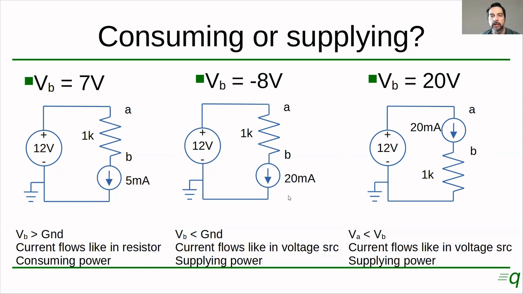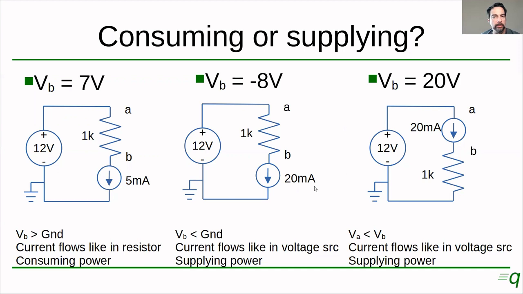So although we are not drawing it like that, the only way to get these two current sources to actually deliver 20 milliamps in these particular circuits is if there's something inside these current sources that is actually supplying power to the circuit.